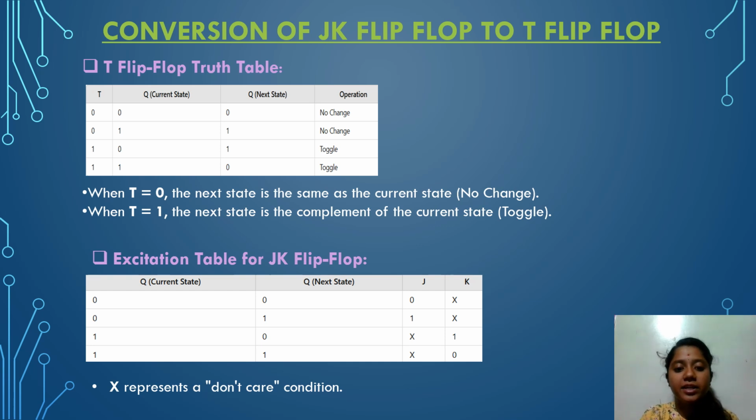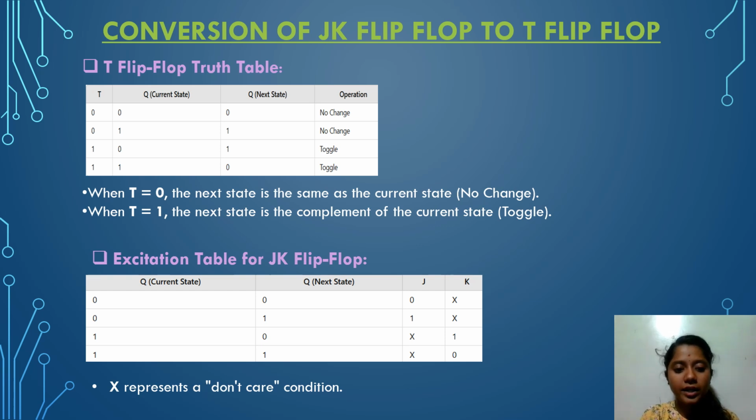And then we have the excitation table for JK flip-flop. This excitation table shows the required inputs of a JK flip-flop to achieve specific transitions. The JK flip-flop excitation table helps in converting JK flip-flop to T flip-flop.